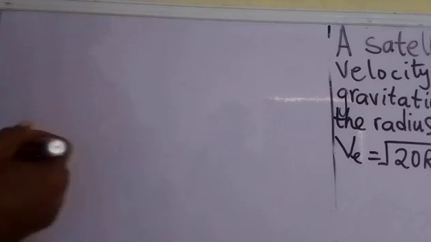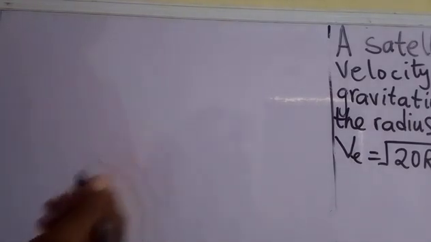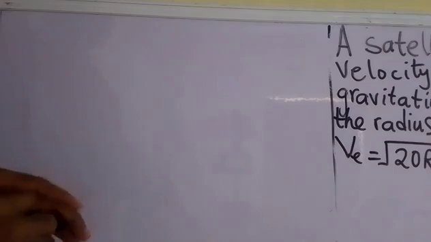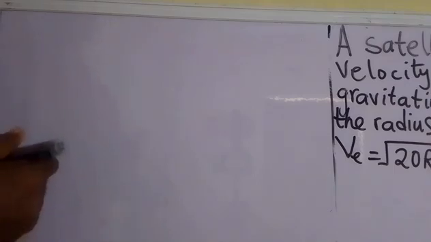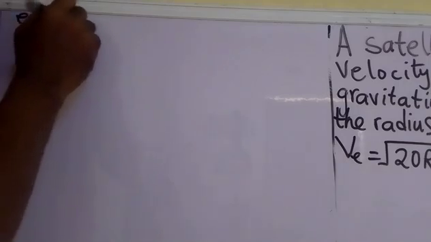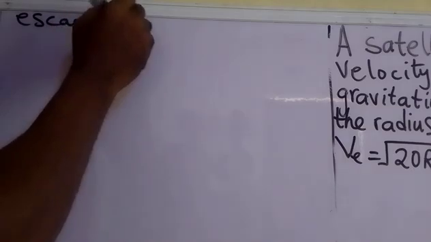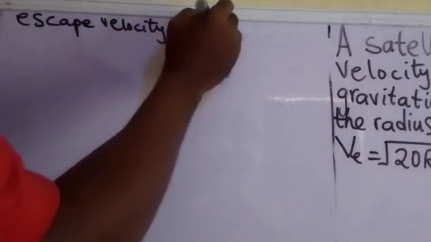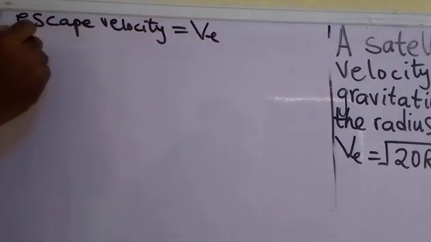Okay, to solve a problem like this, I mostly advise learners first bring out all the parameters given to you and their symbols so that it can be clear to you. Now we have escape velocity, we are to use v subscript e.